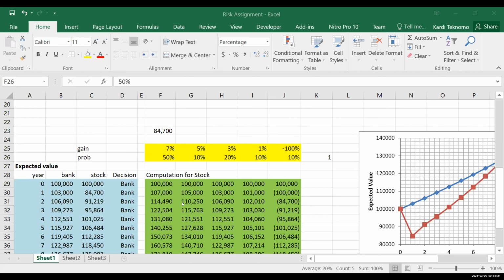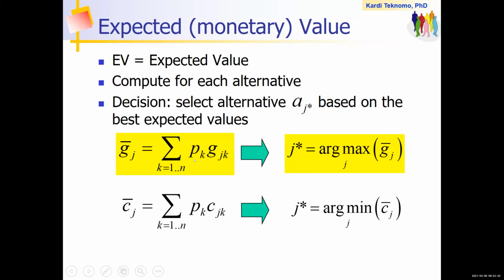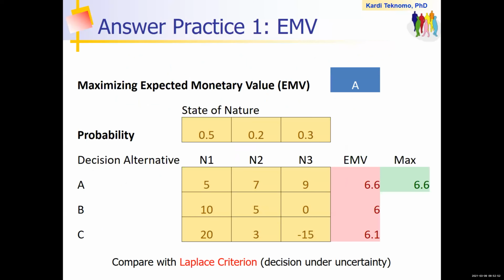Expected value is the probability times the value, and you practice that, remember that.